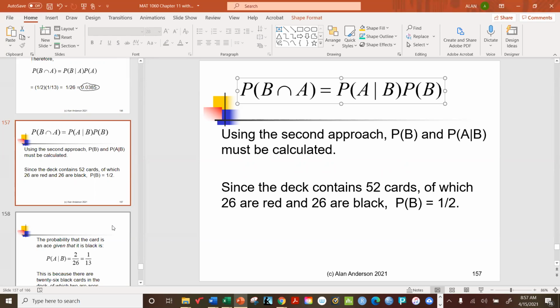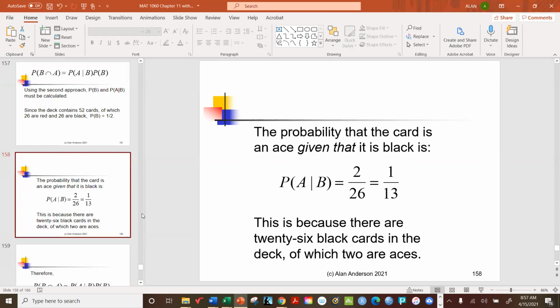A given B is the tricky one because what's happening here is that you see that you have one of 26, you've got 26 black cards. Two are aces. In other words, of all the 26 black cards, we have 2 aces, we have 2 twos, 2 threes, 2 fours, all the way up to 2 jacks, queens, and kings.